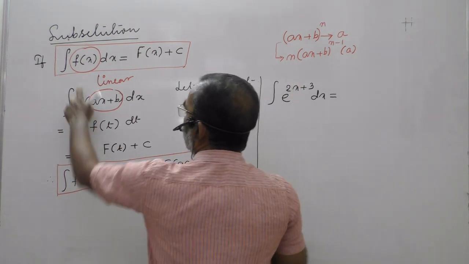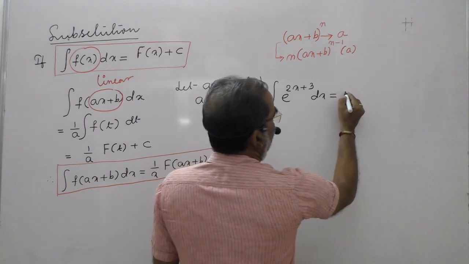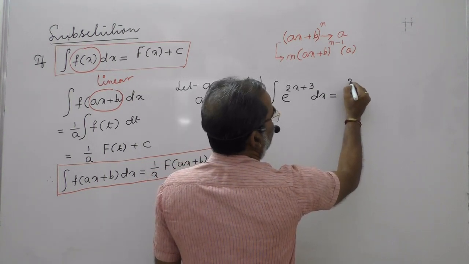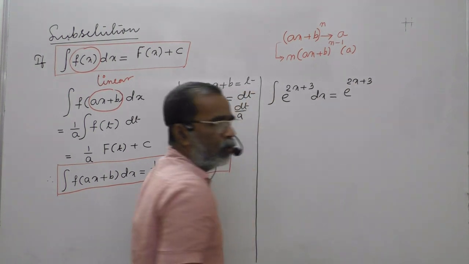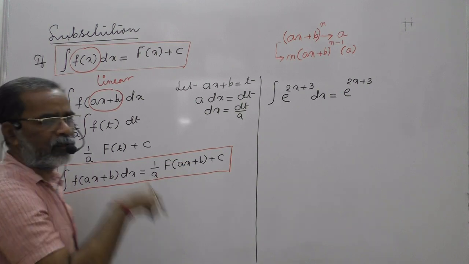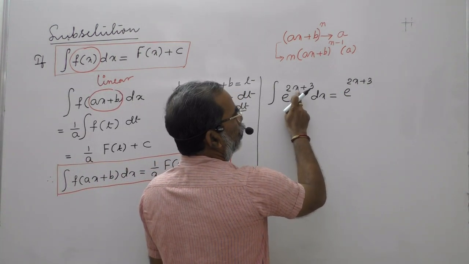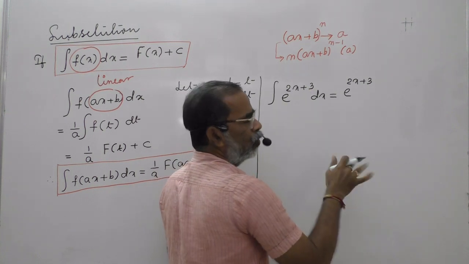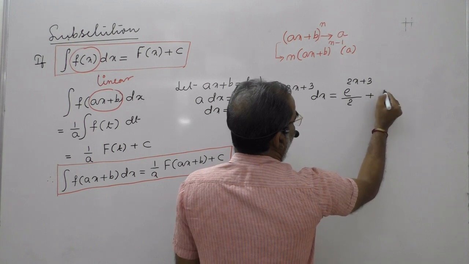Since it is linear, this procedure, this concept is applicable. What is its integral? E power x integral is e power x only. What to do now? Divide by the derivative of this linear factor. So what is the derivative of 2x plus 3? It is 2. So divided by 2, plus c.